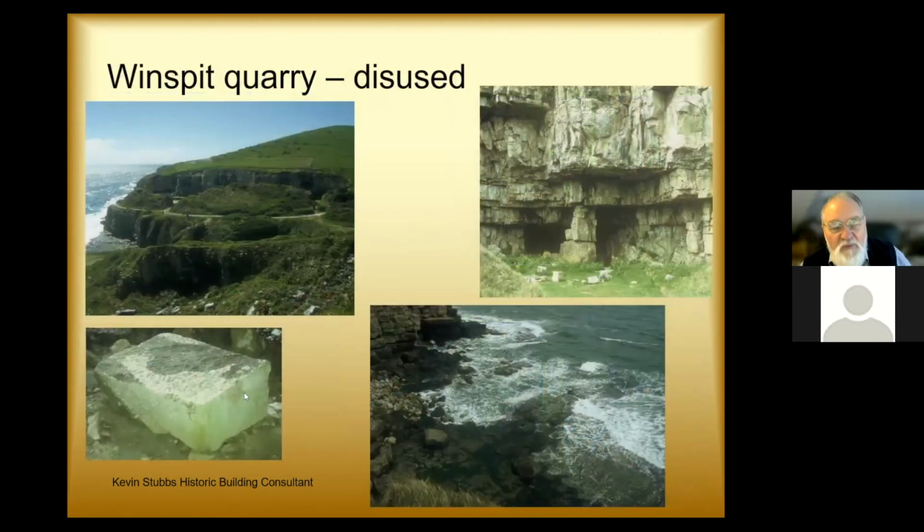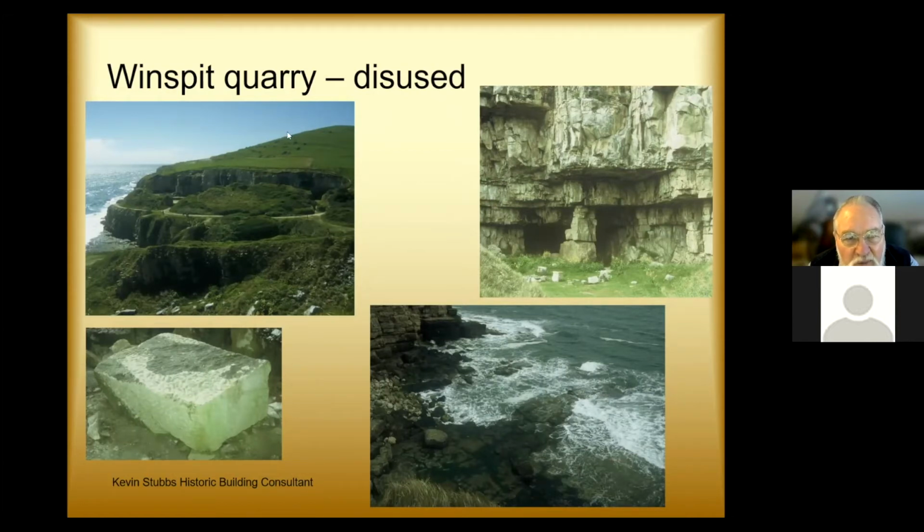So here's a typical coastal quarry, and this was producing stone in the 17th century for Wren's great rebuilding of the churches in London. The stone was quarried horizontally into the face of the cliff.